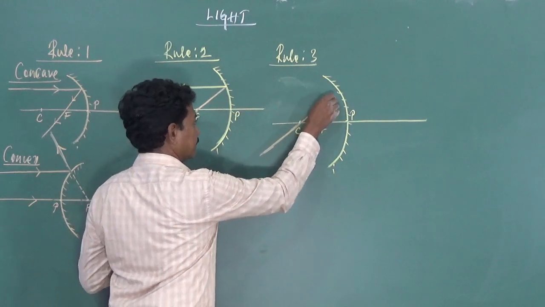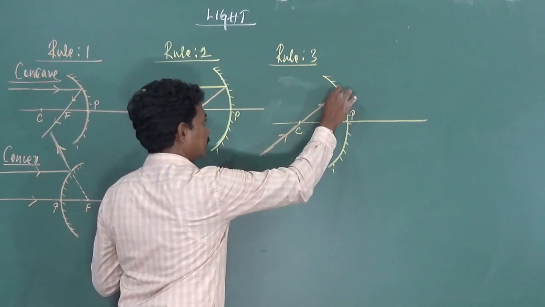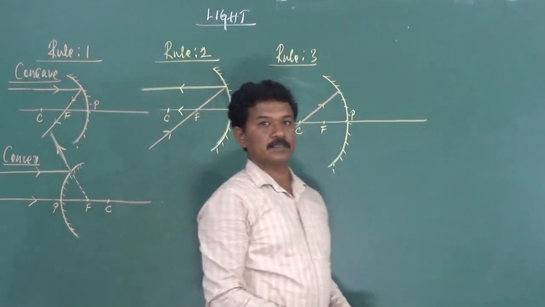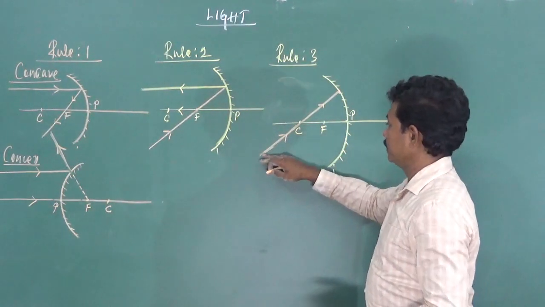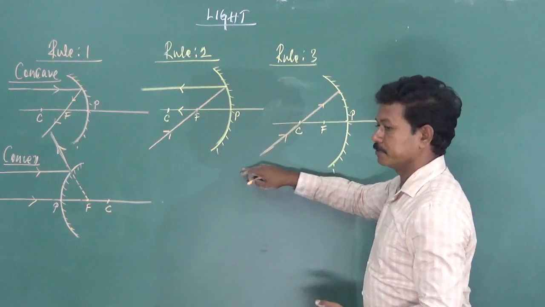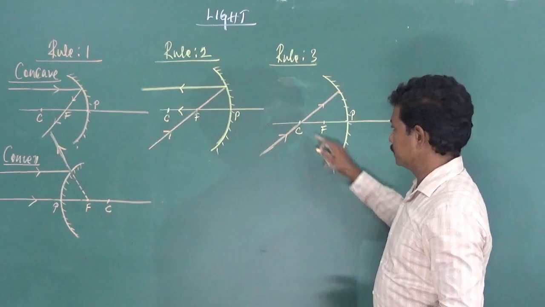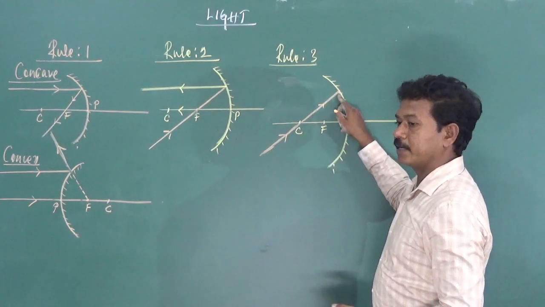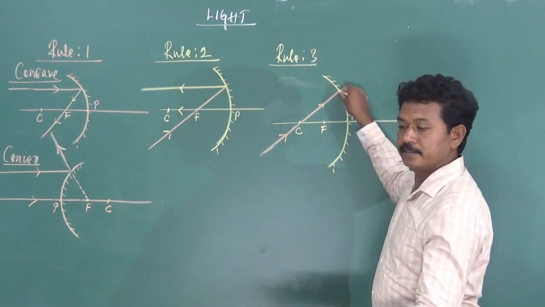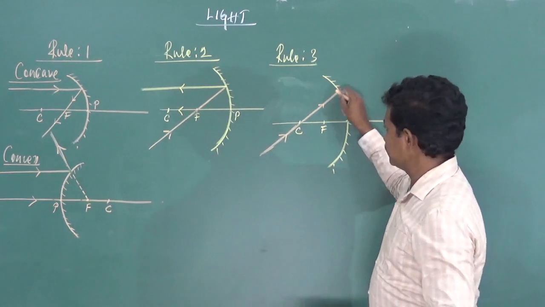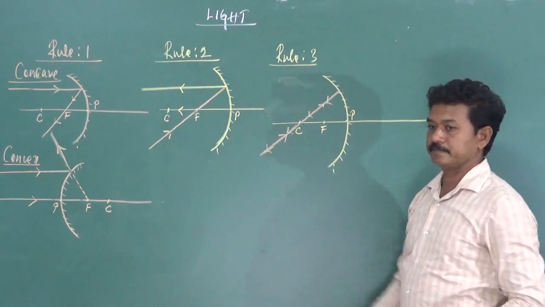So if a light ray is traveling exactly through the center of curvature and falls on the mirror, then what happens? This is very important. If a light ray coming from somewhere passes through the center of curvature of the mirror, it gets reflected by the mirror and bounced back again in the same direction, and it passes through the center of curvature again.